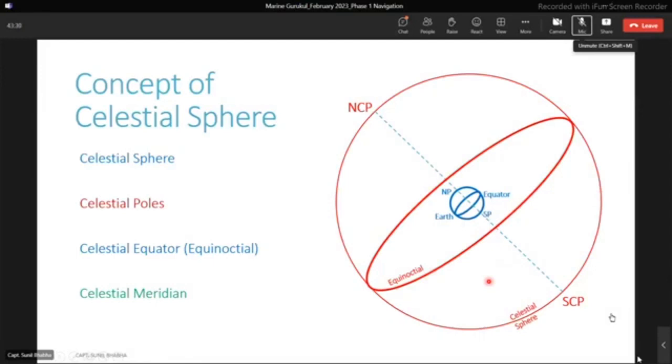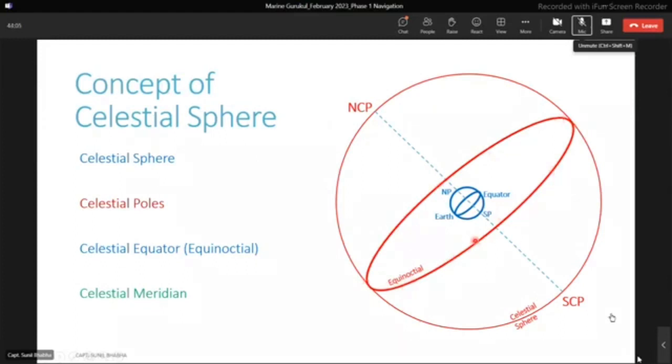And on the celestial sphere, we call it the declination of the body. So the job of latitude on the surface of Earth is done by the declination on the celestial sphere. If you have the declination of any celestial body, it immediately tells you how much north or how much south of the equinoctial that particular body is. So that's how we use the equinoctial as our reference.